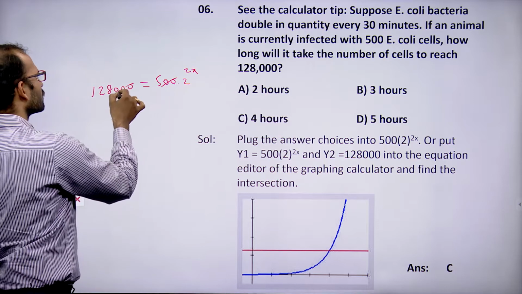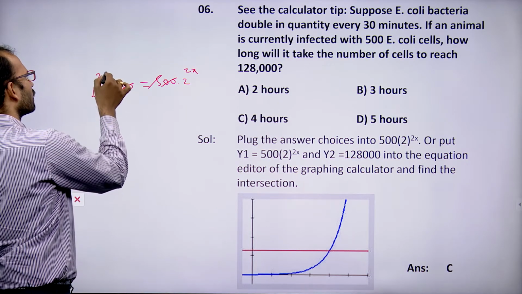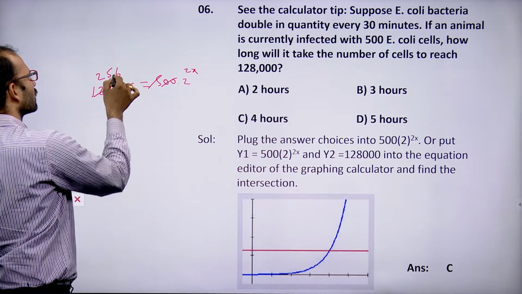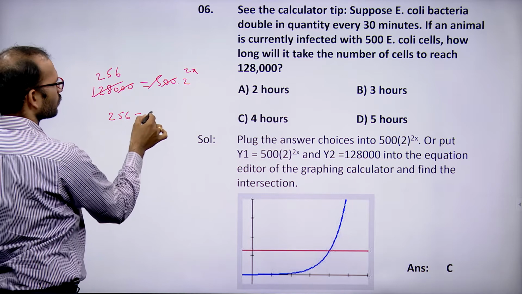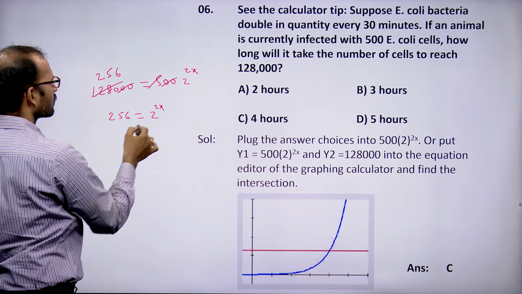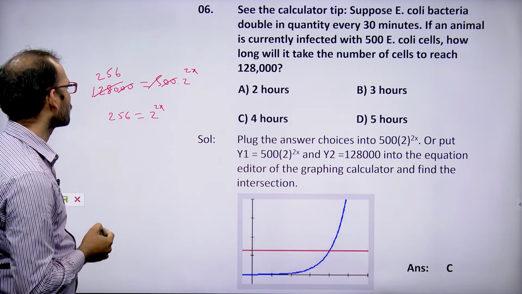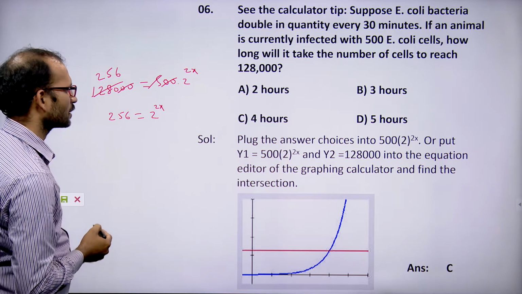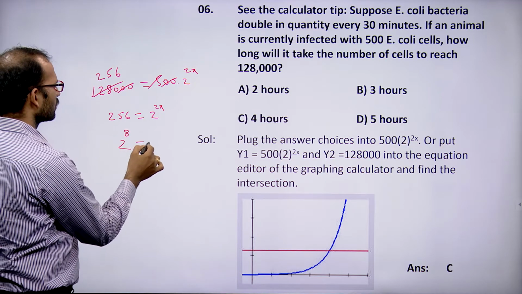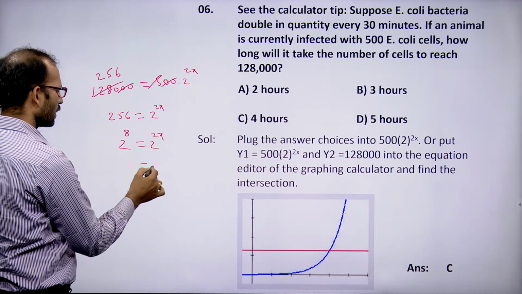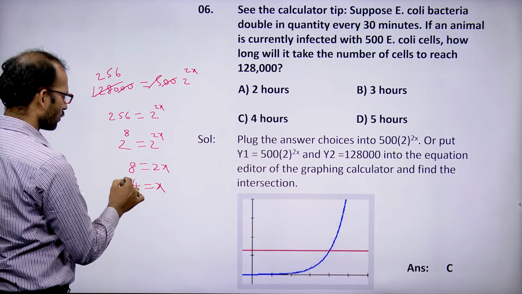So 2 zeros cancel, 5 2s are 10, 20, 5 5s are 25, 30, 256. So 256 equal to 2 power 2x. 256 can be expressed as, what is the power of 256? 2, 4, 8, 16, 32, 64, 128, 256, so 2 power 8 is 2 power 2x, implies 2x equal to 8, implies x equal to 4.